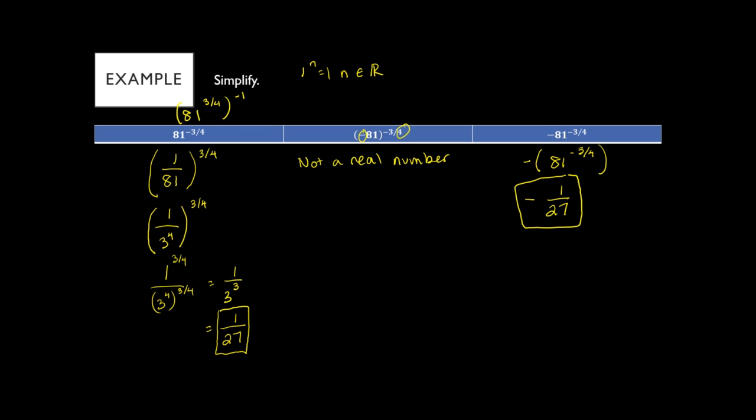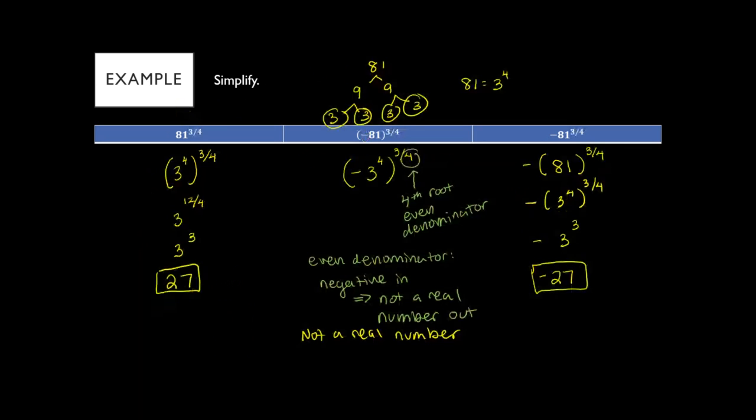Stephanie, I have a question. Yeah. So on the first one, when you took 1 over 3 to the 4th power, and then the exponent was 3/4, how did you get as a denominator 3 to the 3rd power? So I actually showed that here.